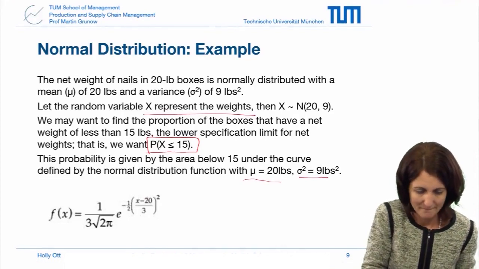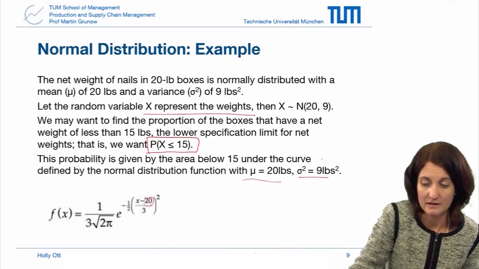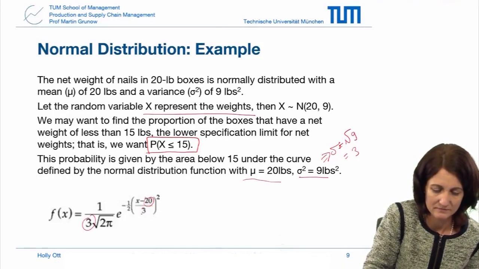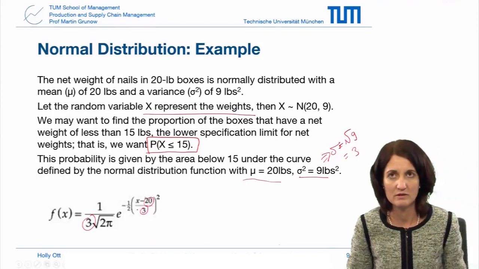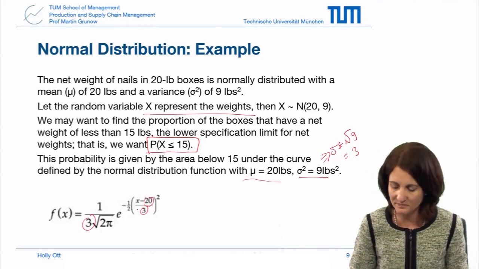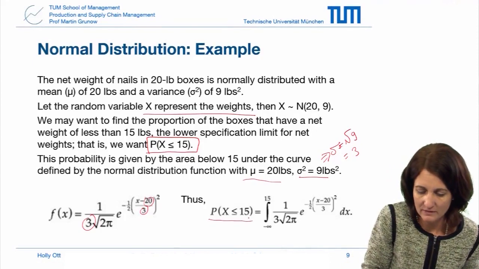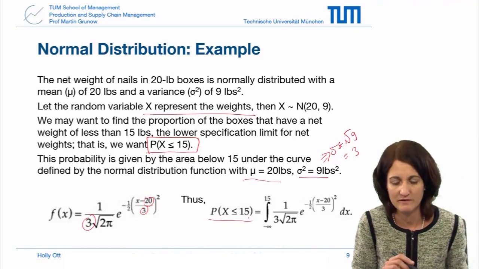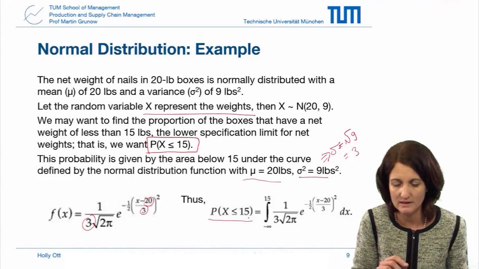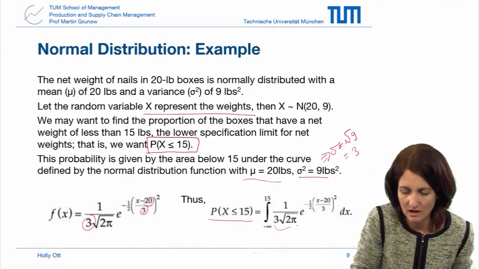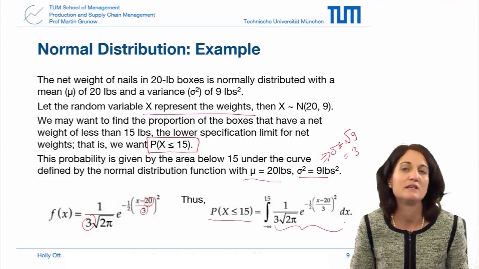And this would mean a standard deviation equals the square root of 9 equals 3. So we can see that also in our normal distribution function. So thus we have the probability x is less than or equal to 15 pounds, the weight of our boxes, is the integral from -infinity to 15 of our probability distribution function.